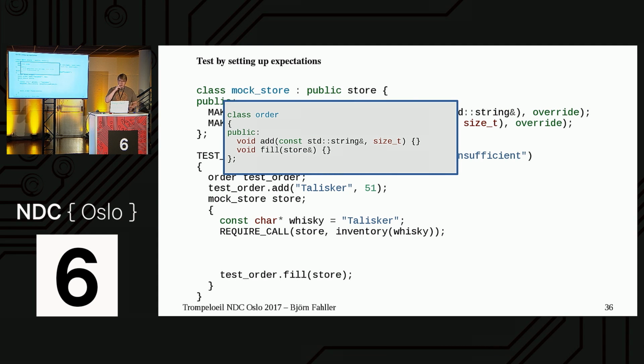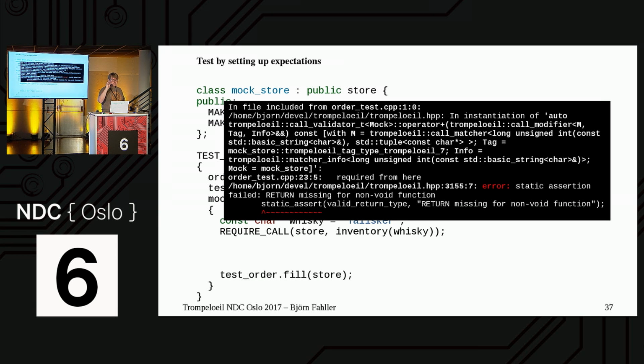So let's make the smallest possible implementation of order that actually compiles. And it didn't compile. Blimey. Return missing for non-void function. Yeah, that is the full error message. There's nothing else. Many unit testing frameworks just return a default in this case.